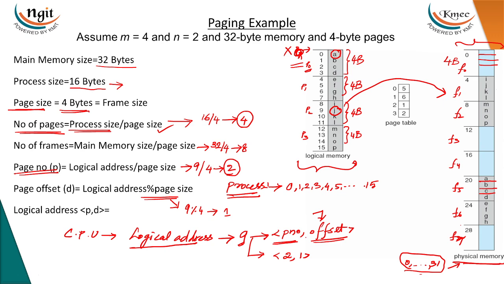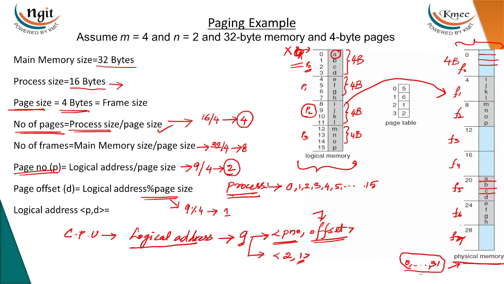In page number 2, the offset is 1. Each page is numbered from 0, 1, 2, 3. So in this page, I is the 0th entry, J is the first entry, K is the second, and L is the third.